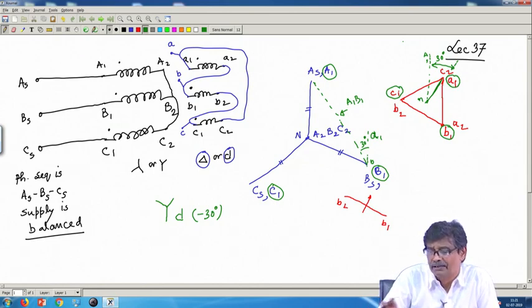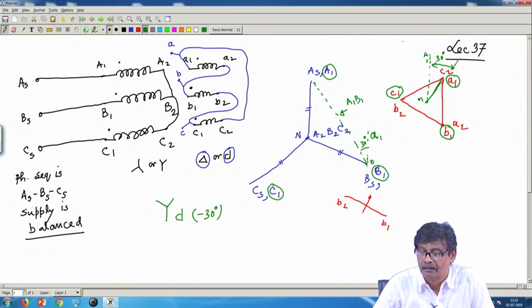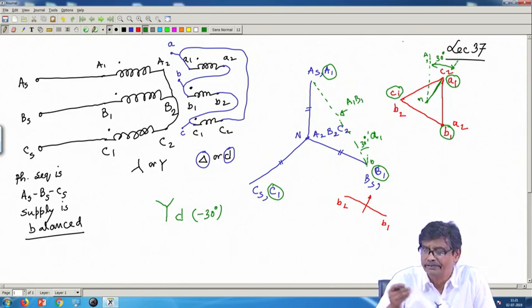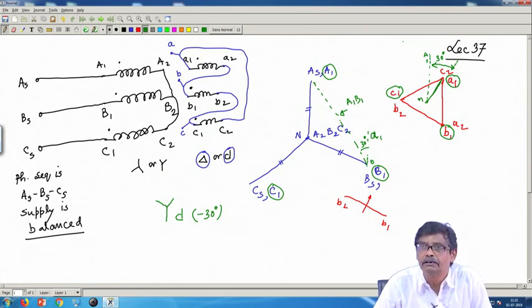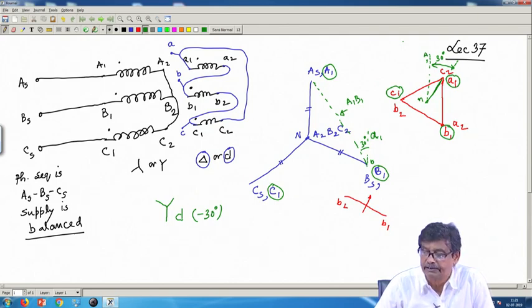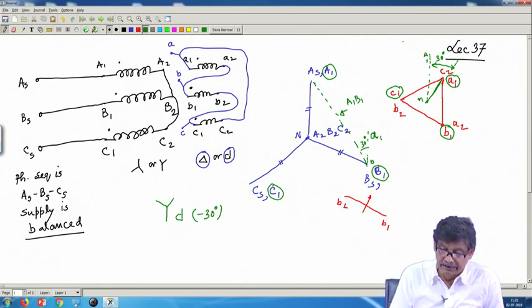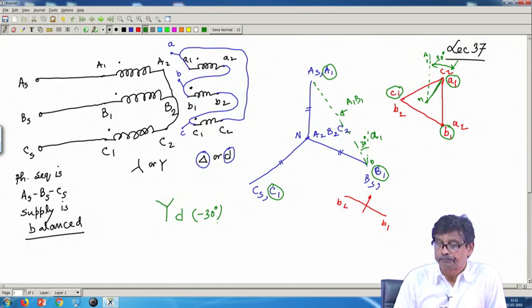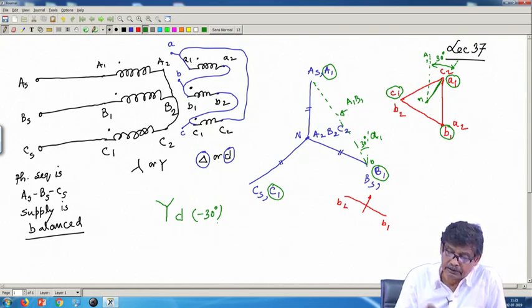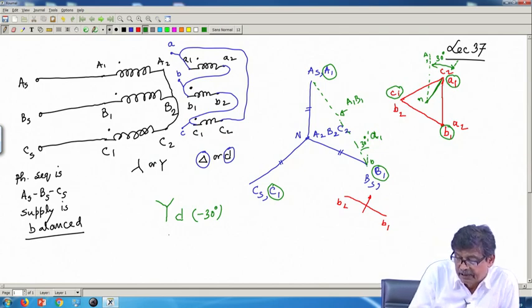It will be true, as you can see, for BC and CA as well. So, examine only the lag or lead with respect to a particular set of line to line voltage. That is the thing I wanted to tell. So, this is the connection then, Yd minus 30 degree. Acha, now sometimes this vector grouping, this is the vector group. Okay.